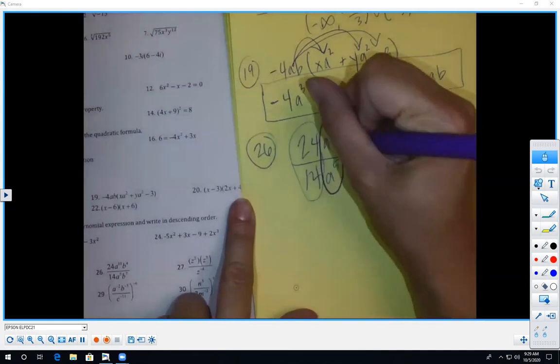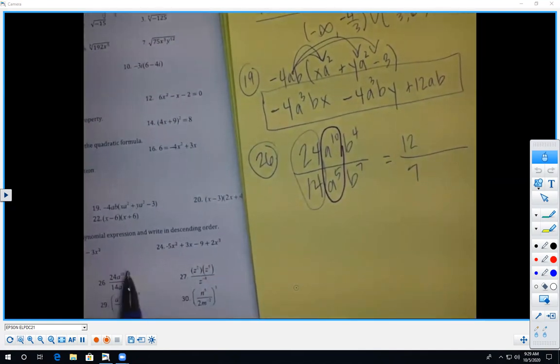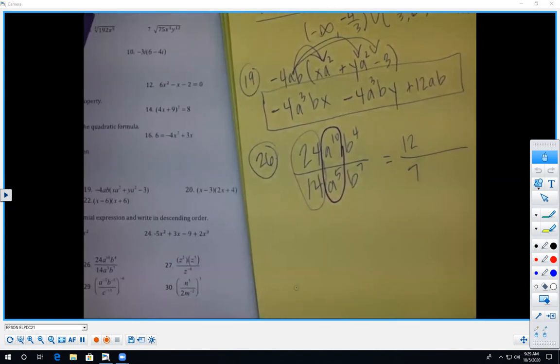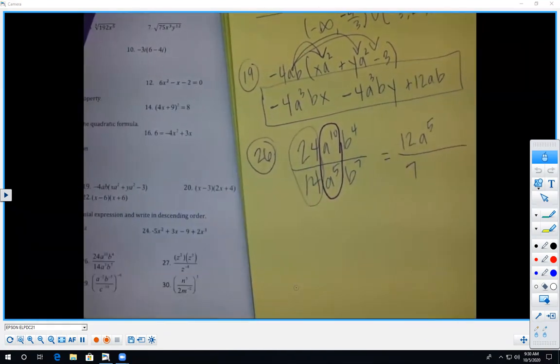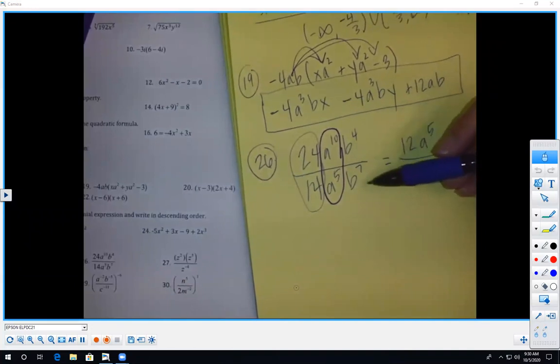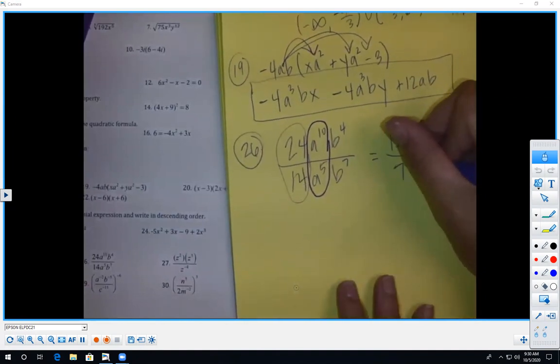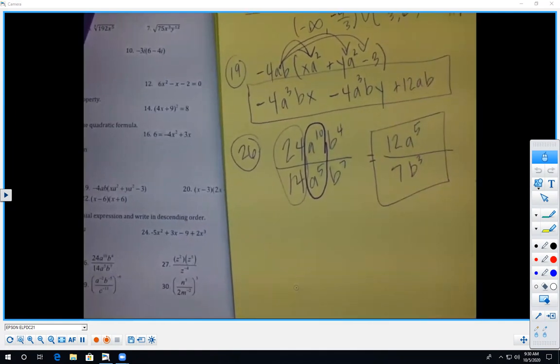I can put the a's together, a to the 10th on top, a to the 5th on bottom. Subtract your exponents. 10 minus 5 is 5. It's going to go on top or on bottom? Top, because the bigger exponent's on top. So a to the 5th on top, b to the 4th, and b to the 7th. If I do 7 minus 4, I get 3. Does it go on bottom or on top? Bottom, because the bigger exponent's on bottom. Okay, so it's going to be b to the 3rd on bottom. And that's your answer.